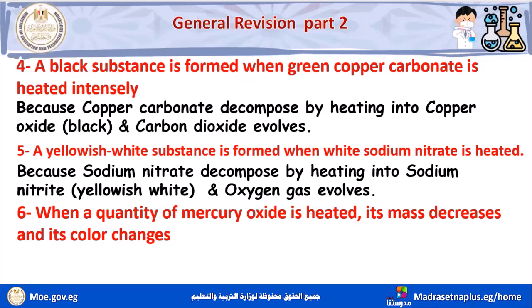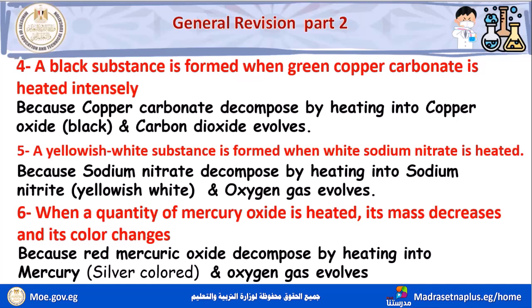Question number 6: when a quantity of mercury oxide is heated, its mass decreases and its color changes, because red mercury oxide decomposes by heating into mercury, silver color, and oxygen gas evolves.